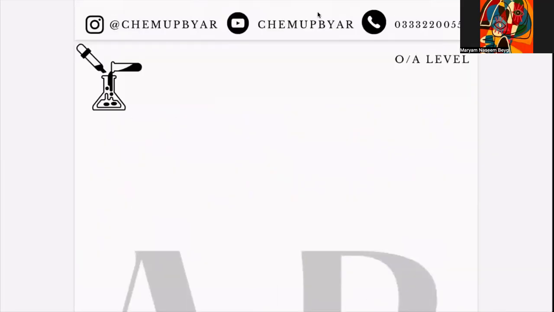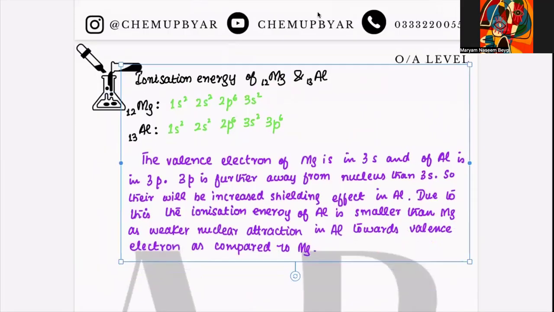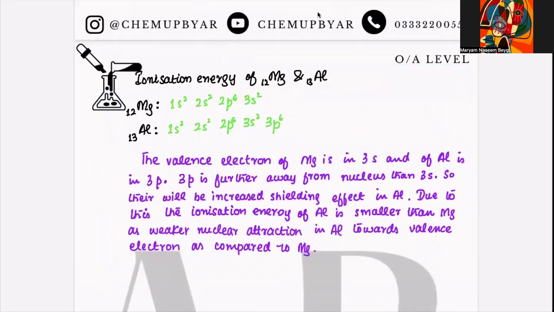So for magnesium and aluminium, it is going to be the same thing because magnesium is exactly below beryllium and aluminium is exactly below boron. The only difference is that now the valence electron of magnesium is in 3s, and aluminium is in 3p.